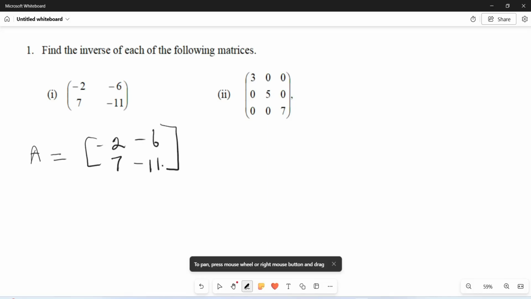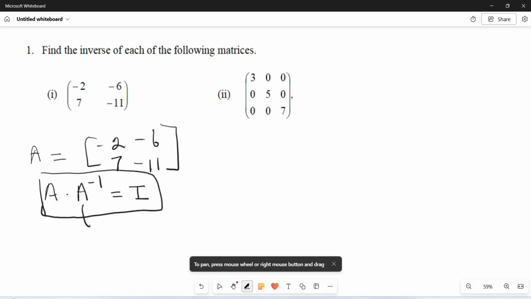So this is A. The inverse of such a matrix is defined as A into A inverse, that is the dot product of A and A inverse, equals the identity matrix. This is the theory. So getting the inverse means we are getting this value A minus 1.